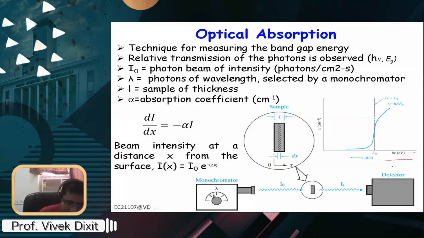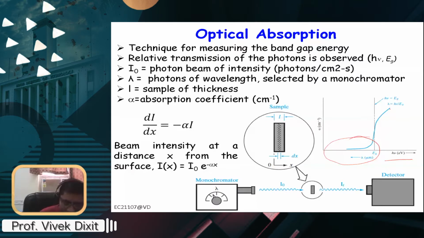As it moves close to the band gap, absorption increases, and for energy more than the band gap, absorption is basically higher, right? So you can basically plot this curve. This is a typical curve, right? Sometimes it may not be so sharp. For some cases, the curve may be more gradual, right?